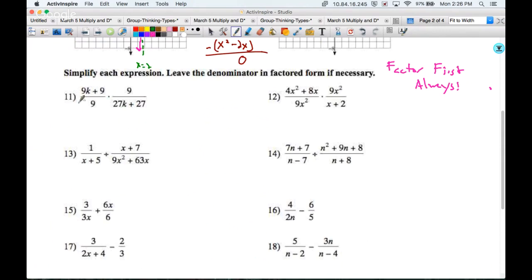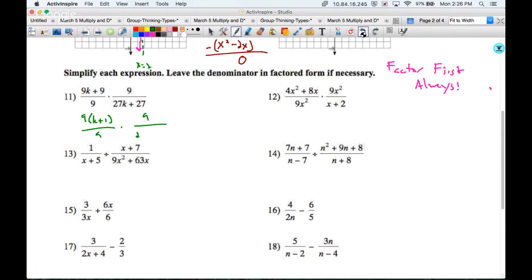So in number 1 here, I see that I can take a 9 out of all of these. So 9 times k plus 1 divided by 9 times 9 over, actually I can pull a 9 out of these as well.